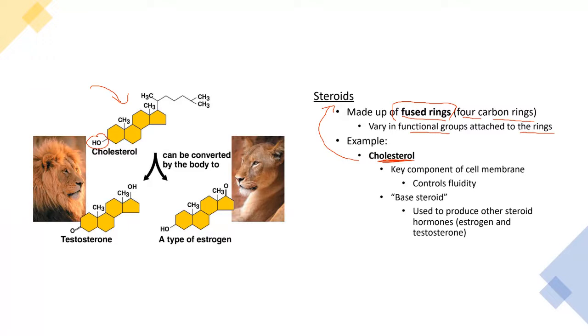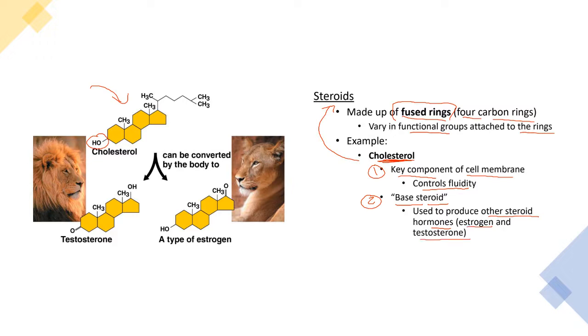But cholesterol is important, like I said. It's a key component of the cell membrane. Why? Because it's going to control its fluidity, and I'll show you an example later on. That's the first function of cholesterol. Another function is that it's considered a base steroid, so it's used to produce other steroid hormones, for example estrogen and testosterone.